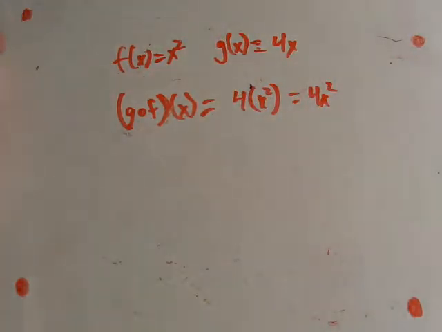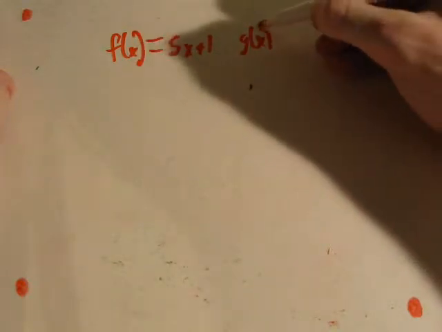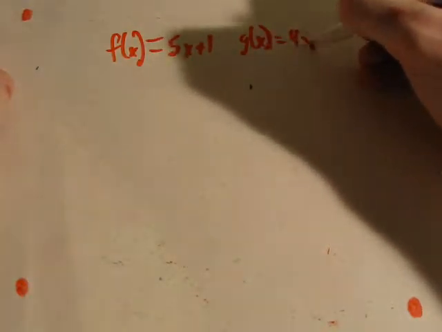See how that works? Now this can get pretty messy later on. For example, let's say f of x, according to Gustafson and Frisk, f of x can be 5x plus 1, and g of x can be equal to 4x minus 3.